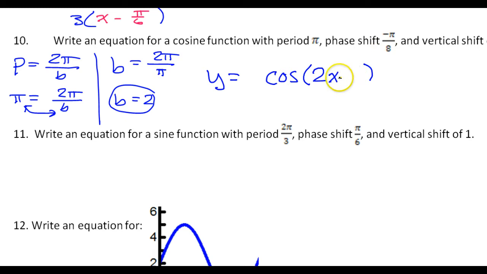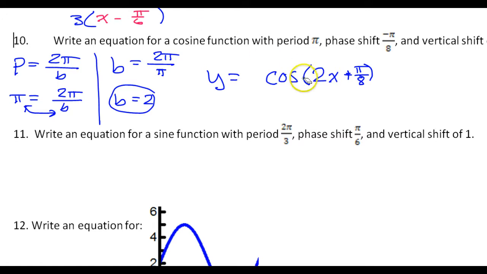It would be very tempting to put negative pi over 8 right here. But that would be wrong twice. For one thing, it's the opposite sign. So if this is negative pi over 8, then we need a plus. But for another thing, it's not the phase shift unless you pull the 2 out front of parentheses.